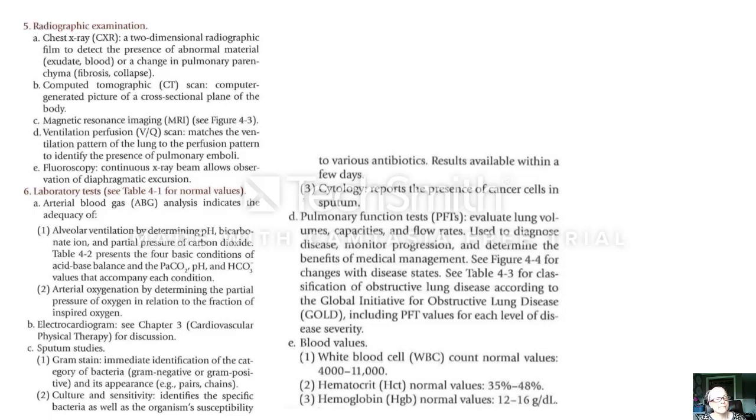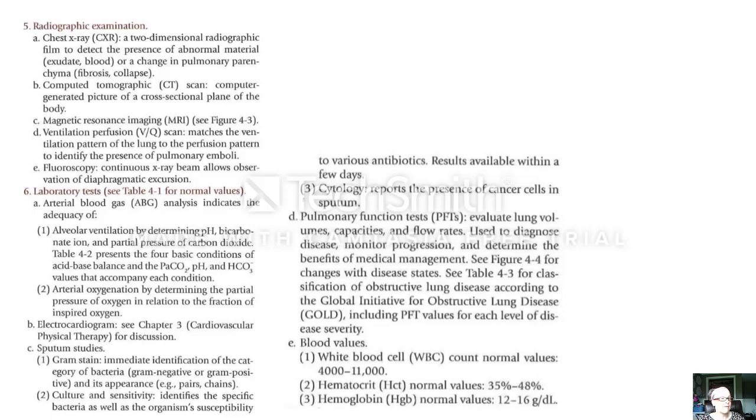MRI, see Figure 4.3. Ventilation perfusion, V/Q scan, matches the ventilation pattern of the lung to the perfusion pattern to identify the presence of pulmonary emboli. Fluoroscopy, continuous X-ray beam allows observation of diaphragmatic excursion.